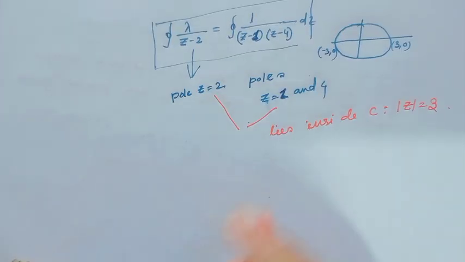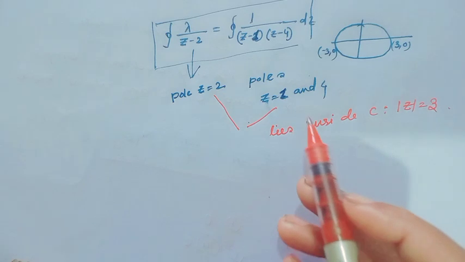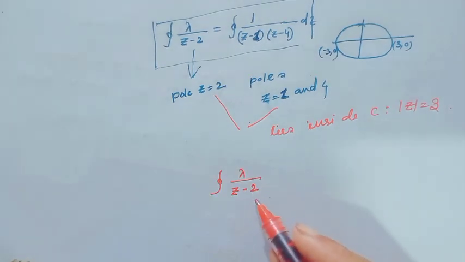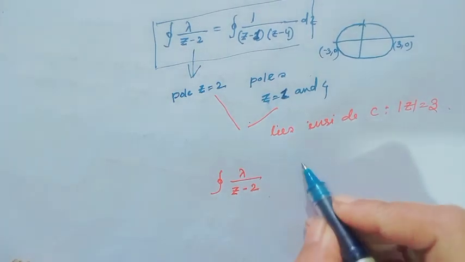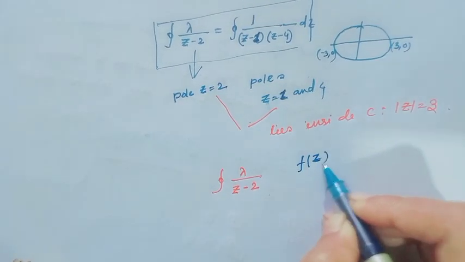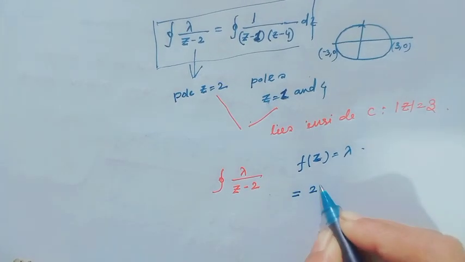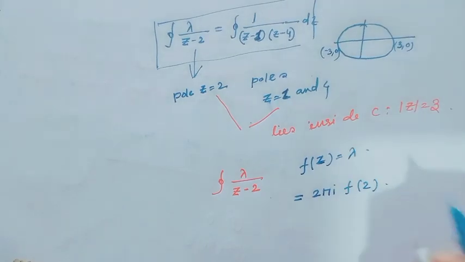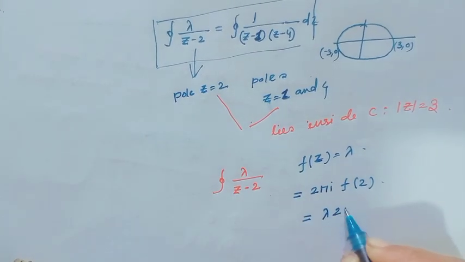Since 2 and 1, these two points, lie inside the circle, then for lambda over z minus 2, here f(z) equals only lambda. Therefore, by Cauchy's theorem, this value equals 2 pi i times f of 2, which equals lambda times 2 pi i.